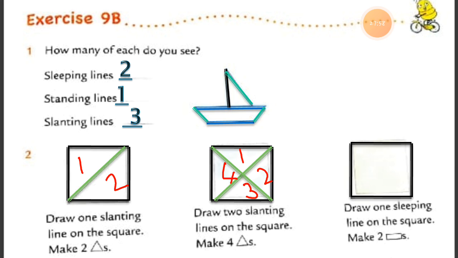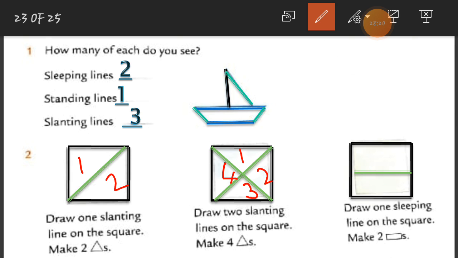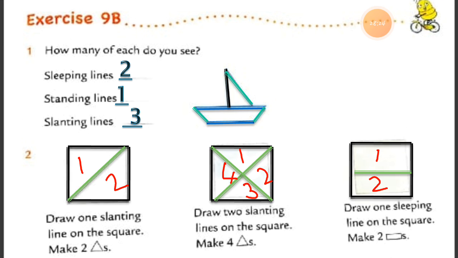So let's draw one sleeping line first in this square shape here. See this, now this square is converted into the two rectangles. I'll show you. Here is rectangle number 1 and here is the rectangle number 2.